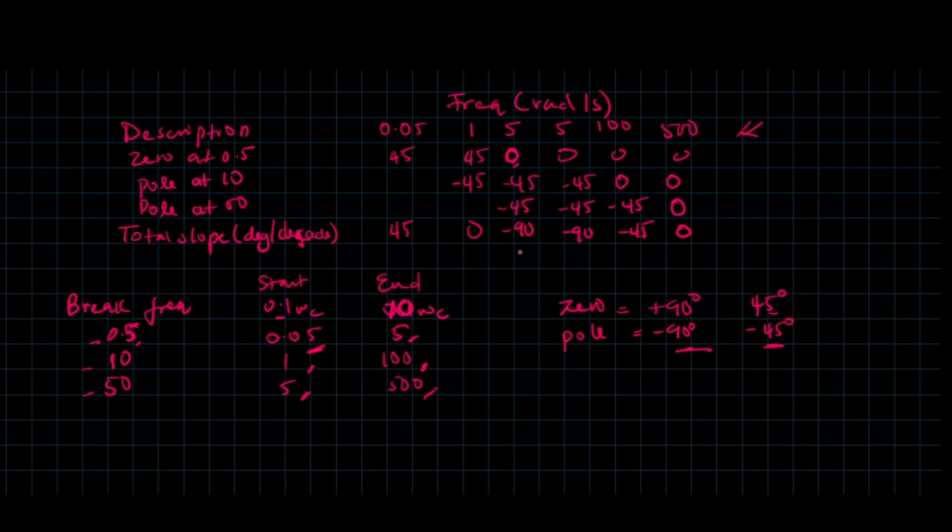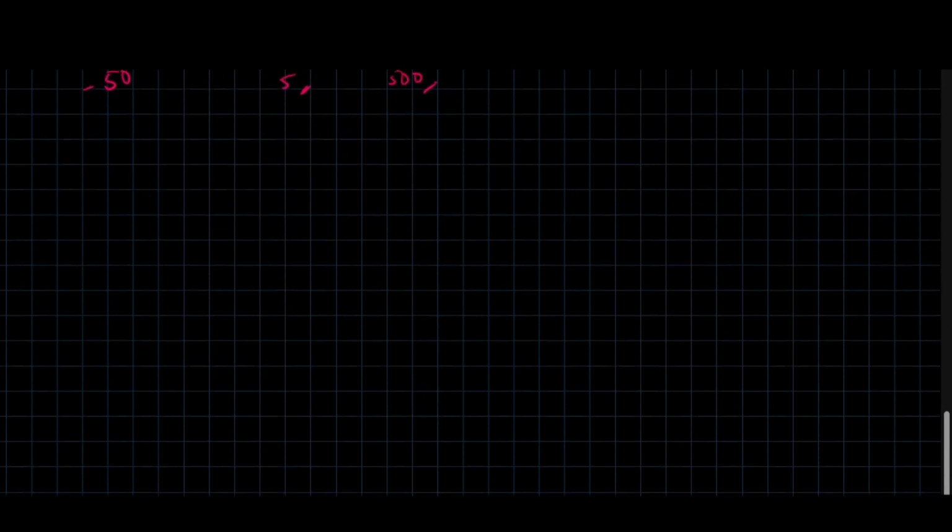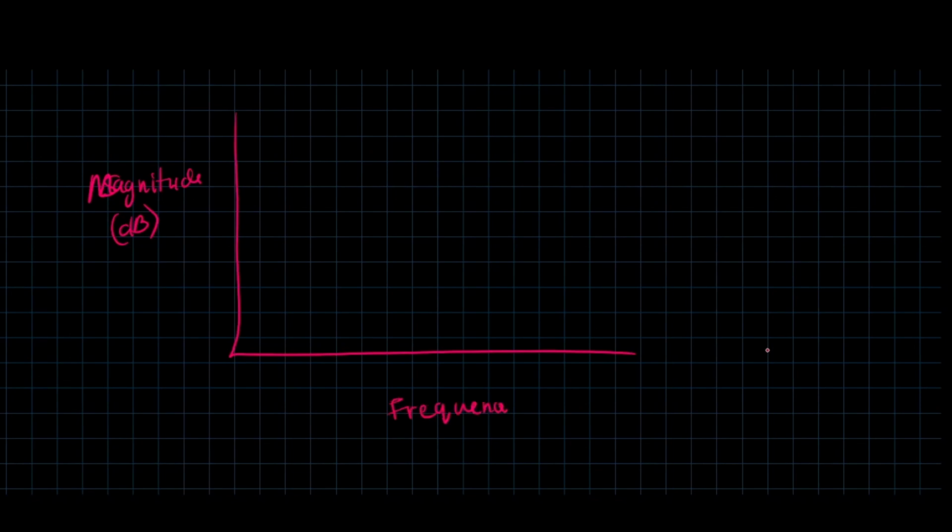So now it's just simply to plot. To finally make the plot, let's make the plot for the slope first. It's going to be the magnitude, measured in dB, against the frequency, measured in W, radians per second.